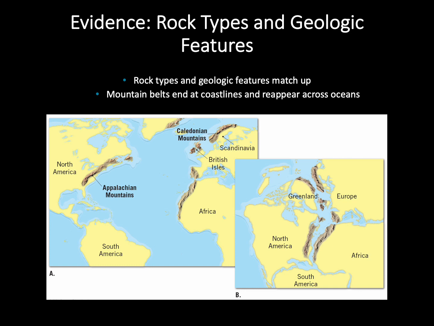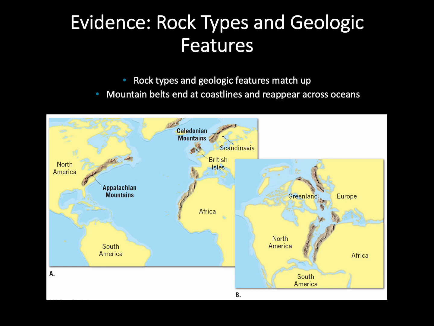But the fourth type was again looking at the rocks, but instead of looking at whether they were igneous, metamorphic, or sedimentary, he looked for mountain ranges. And he found that between most of our continents, especially the ones that looked like their pieces would fit together, there are mountain ranges between these continents where they would fit. A good example is the Appalachian Mountains and a mountain range along Africa.